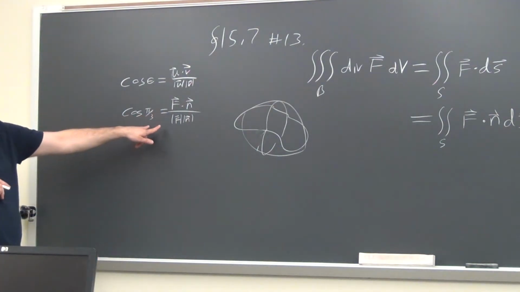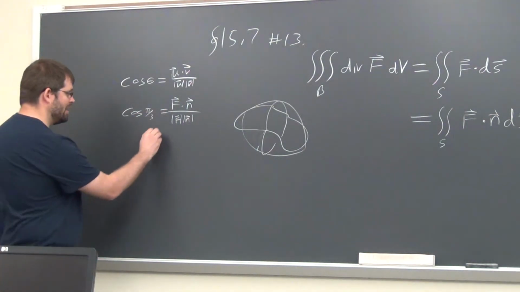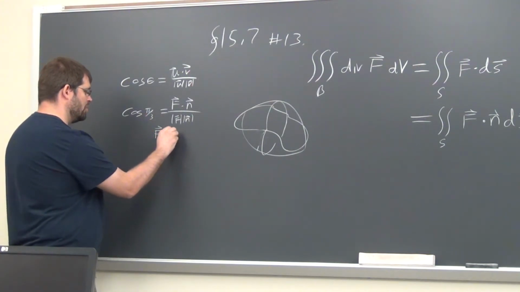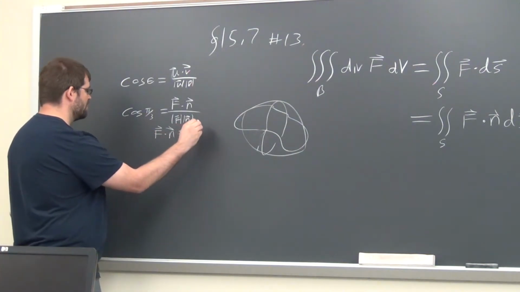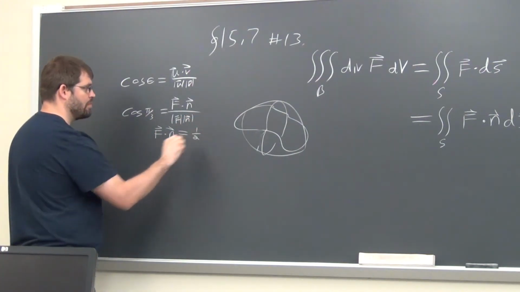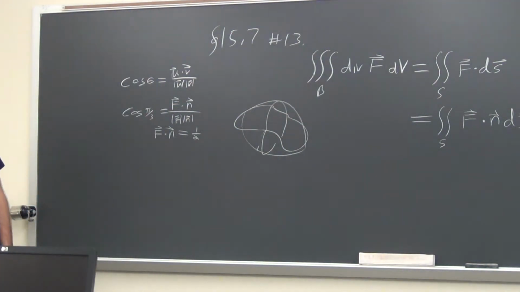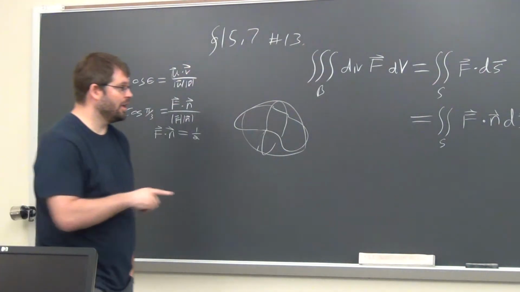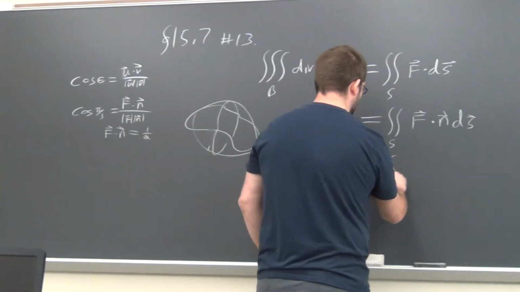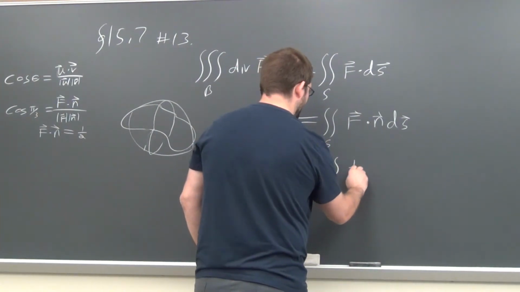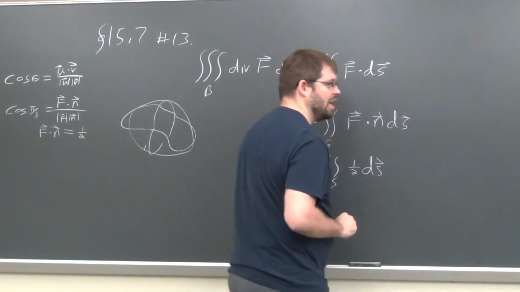And so then we have this formula. F dot N is just cosine of pi over 3, which is 1/2. So you end up with the surface integral of 1/2 dS.